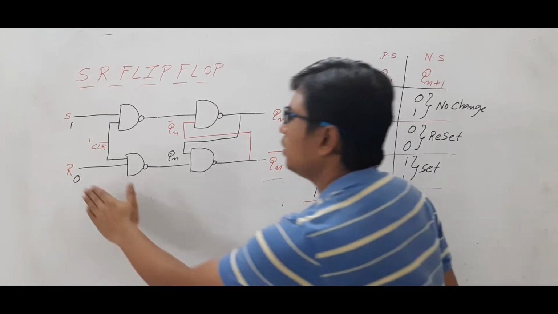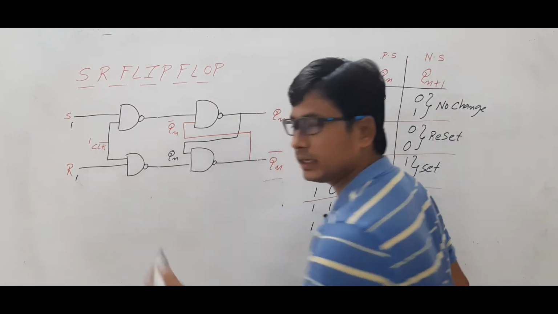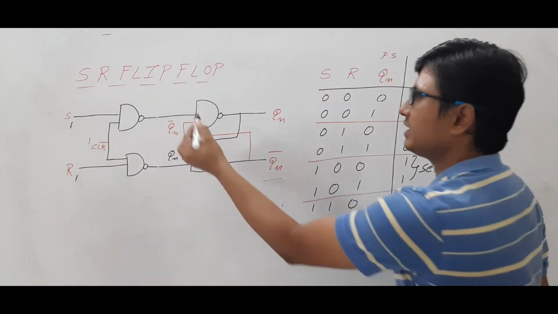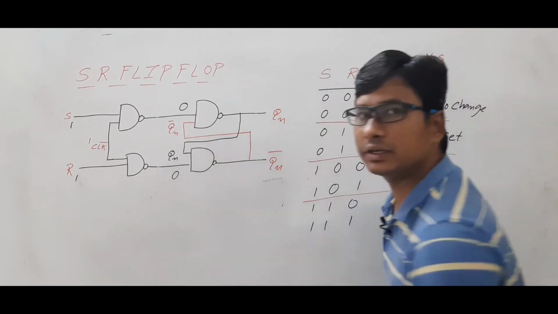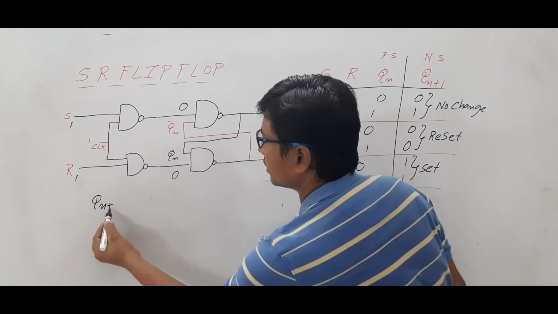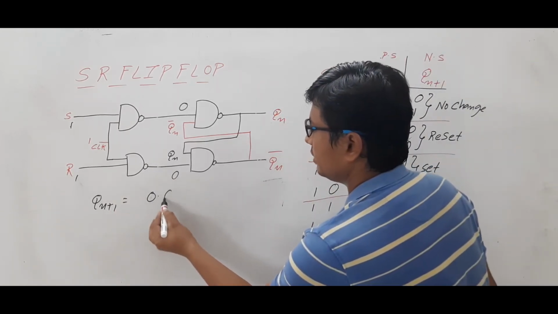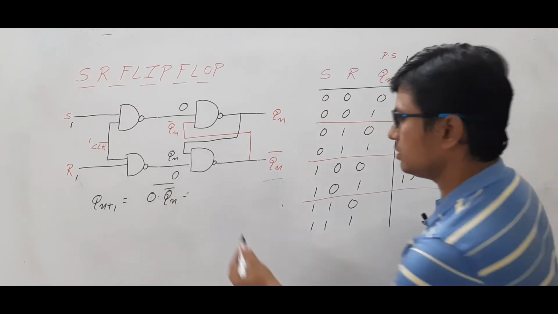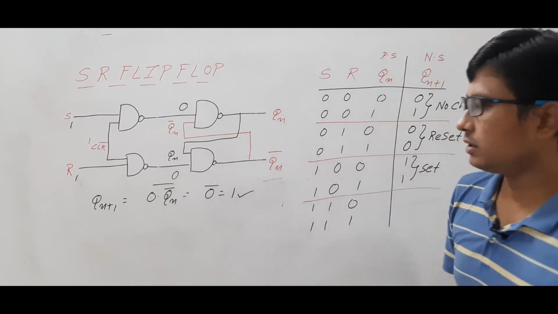Now look at when the S and R values are 1 and 1. Now we will see, if it is 1 and 1, I will get 0 here and 0 here. Now we will see what Qn plus 1 is equal to. 0 and Qn complement whole complement is equal to 0 complement, which is equal to 1.